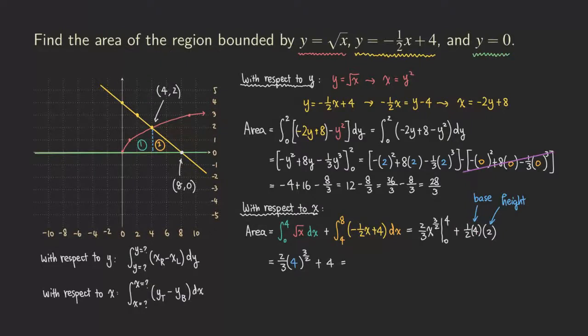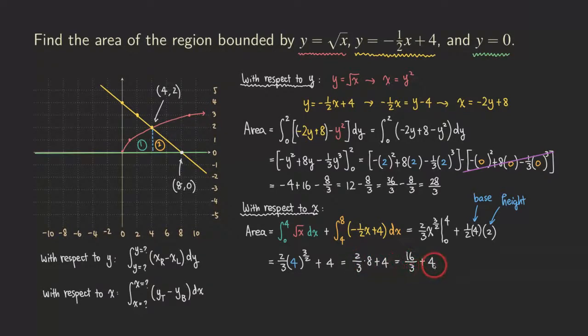And then now continue to do this calculation. You take the square root of the 4, and then raise to the 3rd power. So you can take the square root of the 4 first, which will give you a positive 2, and then raise to the 3rd power, you get 8. So you actually will get 2/3 times 8 plus 4, which would give you 16/3 plus 4, as you can see, right? 2 times 8, 16.